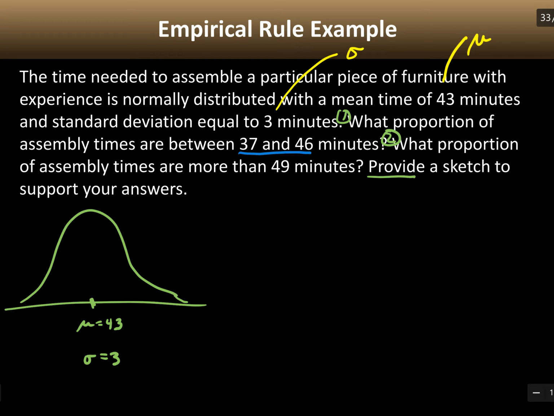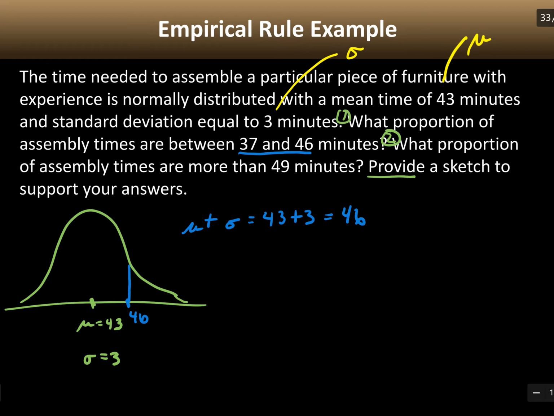So we need to put that roughly on our plot here. So 46 would be 3 above the mean, which is 1 standard deviation, right? So we could go mu plus sigma, keeping it straight: mu plus sigma equals 43 plus 3 gives us 46.